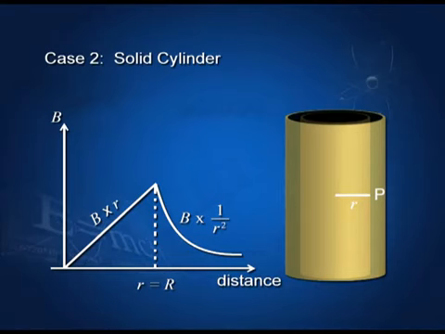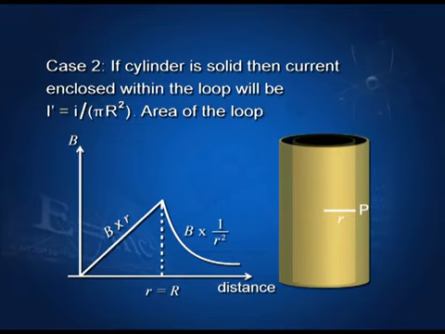Situation 2. If the cylinder is solid, then current will also pass through the shaded area of the loop shown in the diagram. If current I is passing through the whole area pi capital R square of the cylinder, then the current through the shaded area, I dash, will be equal to I divided by pi capital R square into the area of the shaded loop.